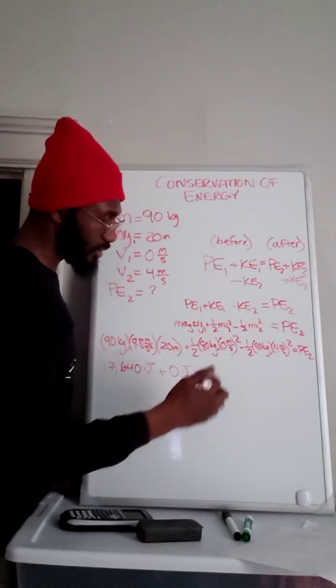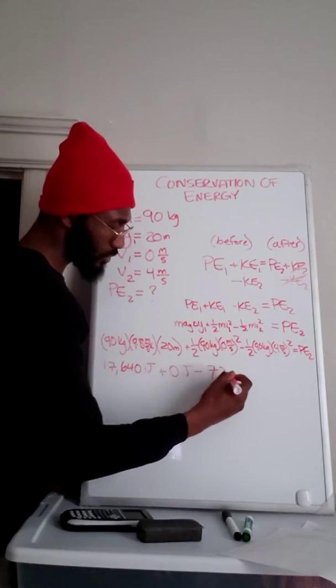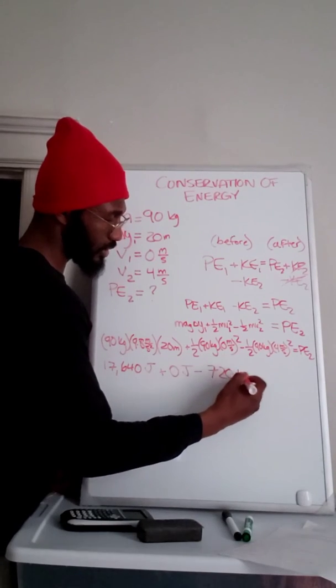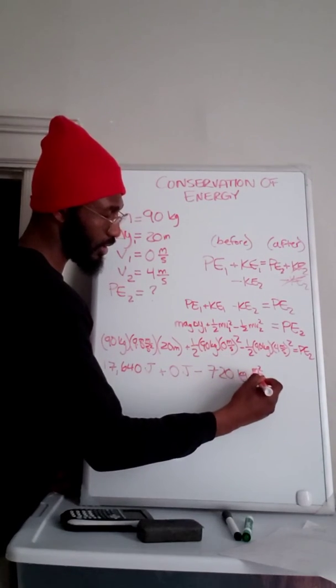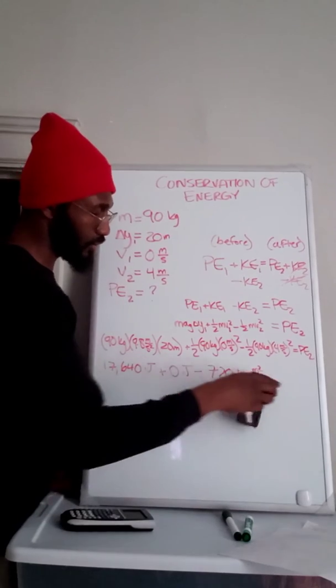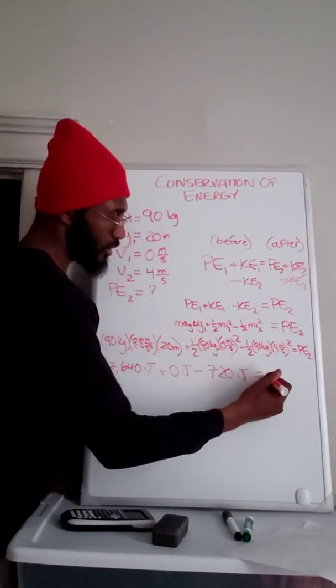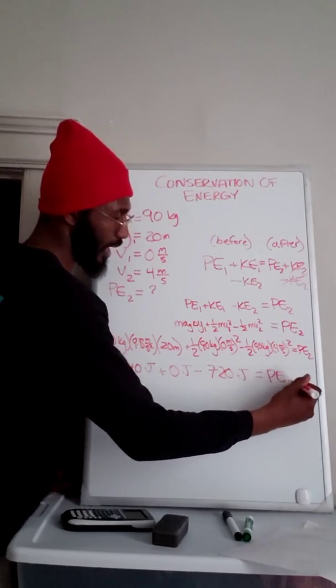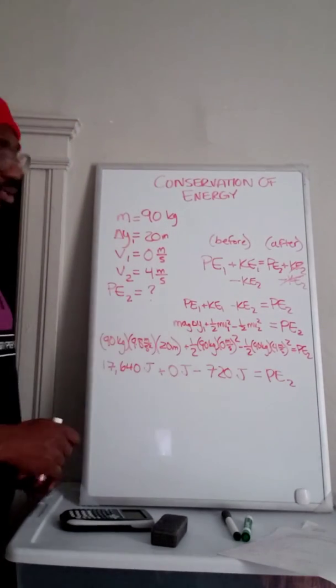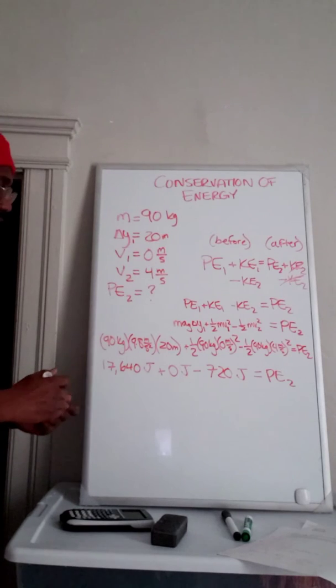So we have 720 kilograms times meters squared per second squared, which again we know is a joule. Now, if we add all of this up, we're going to be able to solve for potential energy 2.